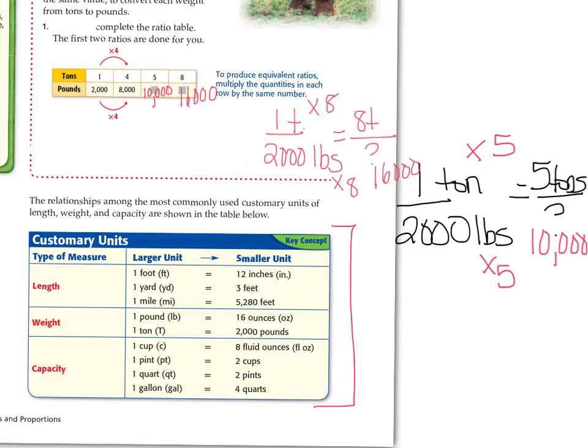You can see here that 1 foot is 12 inches, 1 yard is 3 feet, 1 mile is 5,280 feet, 1 pound is 16 ounces, 1 ton is 2,000 pounds, 1 cup is 8 ounces, 1 pint is 2 cups, 1 quart is 2 pints, and 1 gallon is 4 quarts. Those are all things that are important. During this unit, you can use this chart to help you with problems.